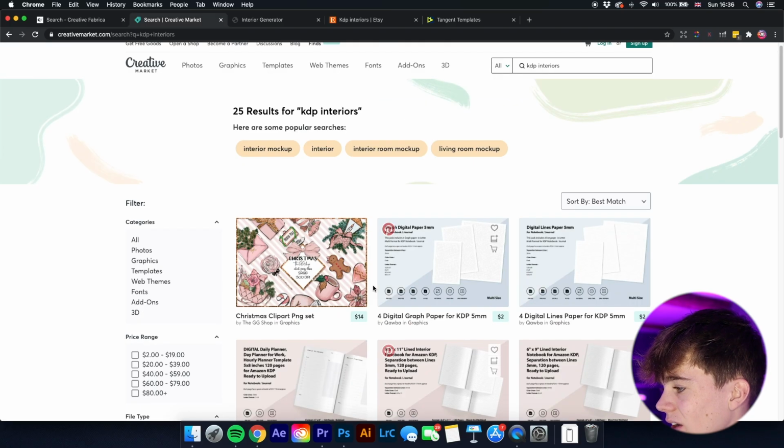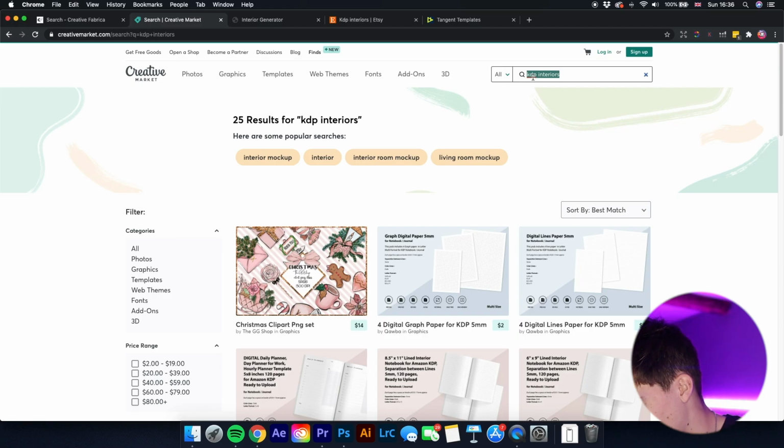And again, you can download these individually. With these two websites, Creative Market and Creative Fabrica, you don't only get KDP interiors, you can download different graphics, vectors, that sort of thing. So it's not just good for downloading straight interiors, it's good for getting graphics for covers, or even if you're not in the KDP business at all, they're both still great websites because you can get all different graphics on them.